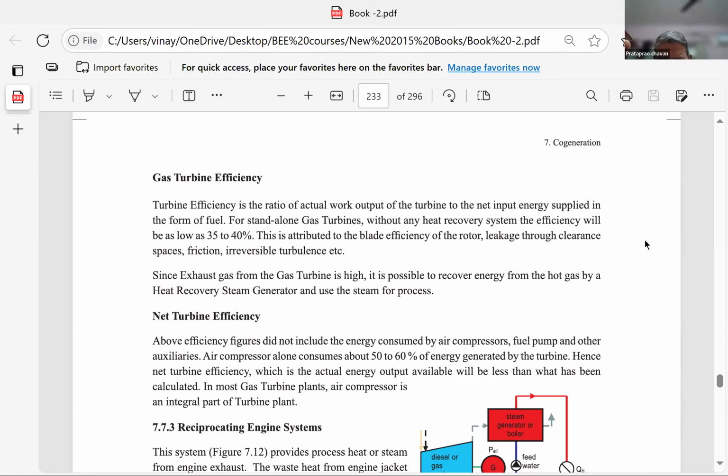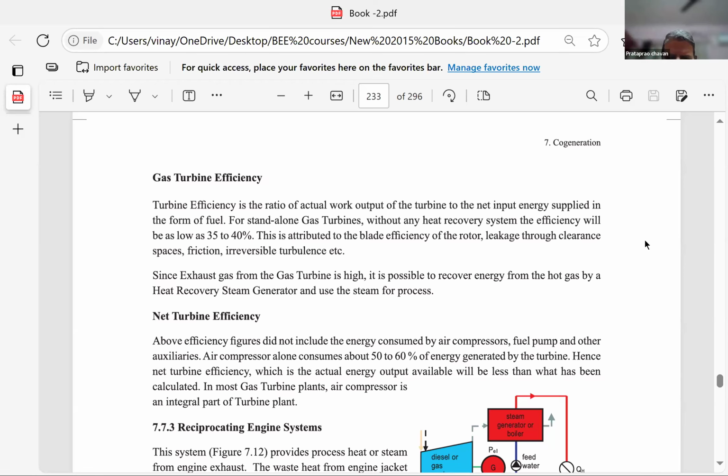The output heat, that means useful heat, which is converted into process or some product. That is the useful heat upon the input of heat by burning the fuel. And the simple parameter, burning the fuel, means fuel in kg multiplied by the gross calorific value. That is the denominator, and the upper is the output heat.